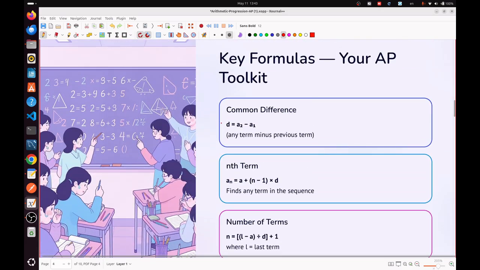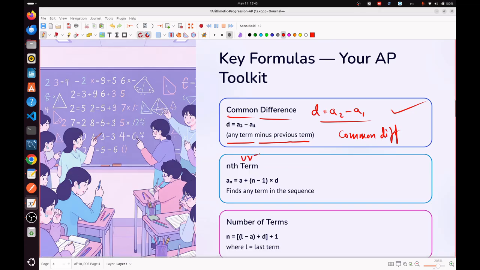So here are some important formulas. Just now we have seen how we can calculate the common difference. That is d equal to A2 minus A1 is the formula for that, or any term minus its previous term is nothing but the common difference. This you need to note down. Next, the nth term. This is a very important formula, you need to note it down.